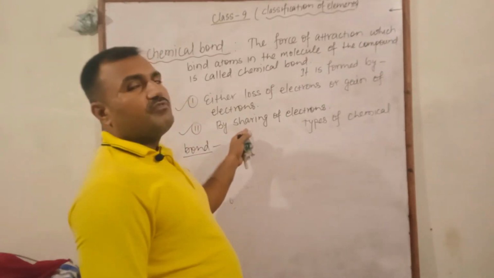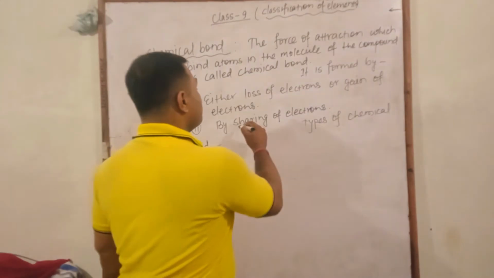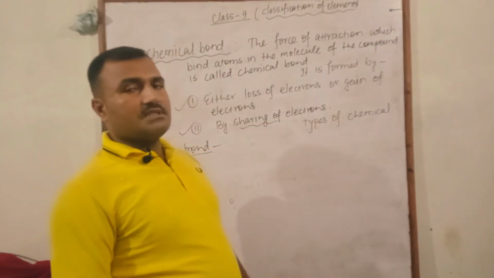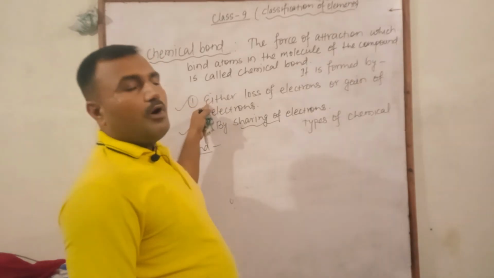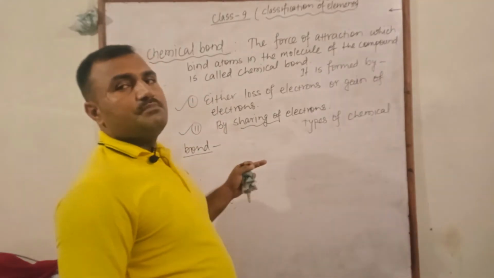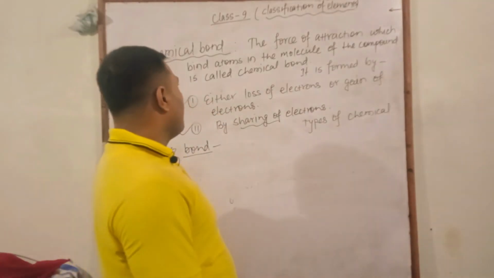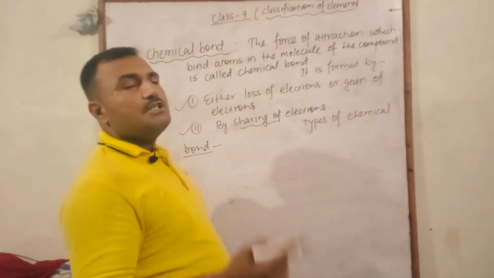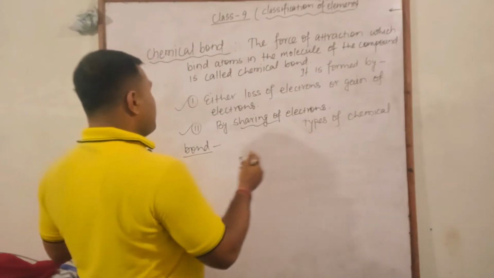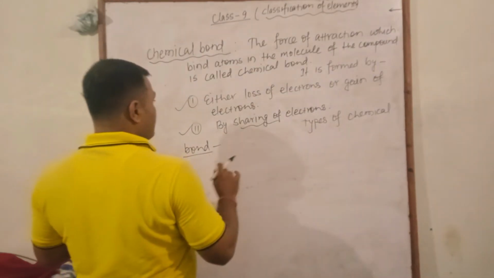The other way of forming a chemical bond is by sharing of electrons. On the basis of the type of attraction force between atoms in the compound, chemical bonds are mainly classified into three types.